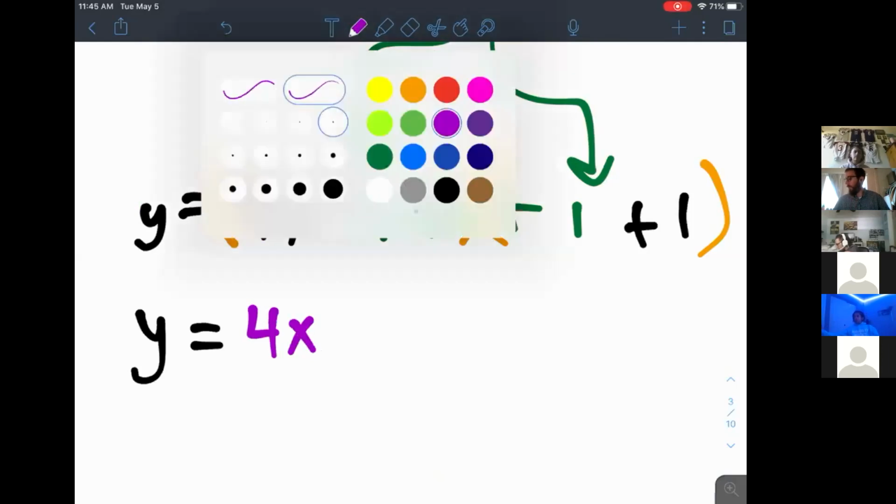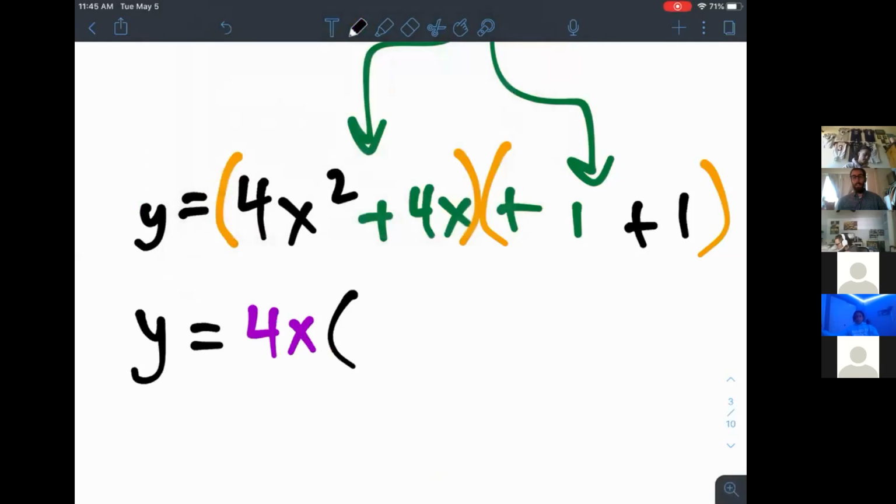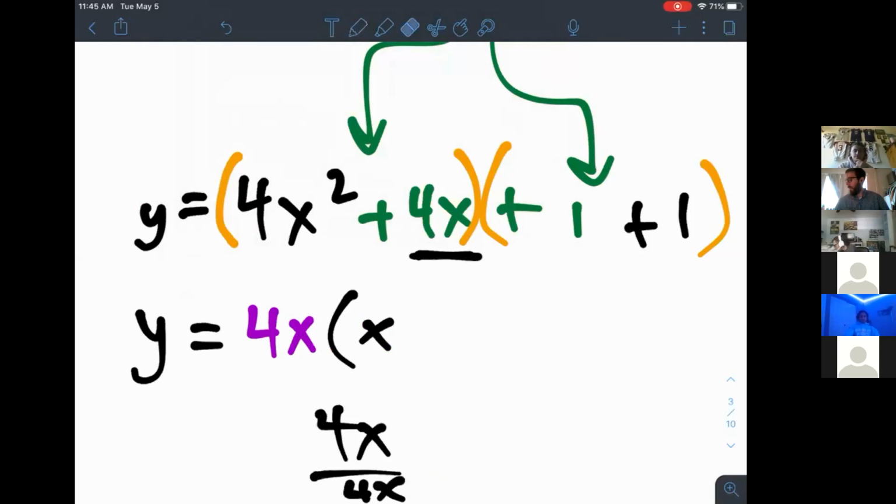That's our GCF. When you take a 4x out of 4x squared, the 4 is gone and one of the x's is gone, which leaves me with just an x. And what happens when you divide anything like 4x by itself? What do you get? You're right, Sarah, we get a 1 when we factor out the GCF.